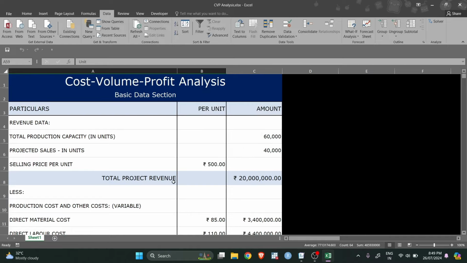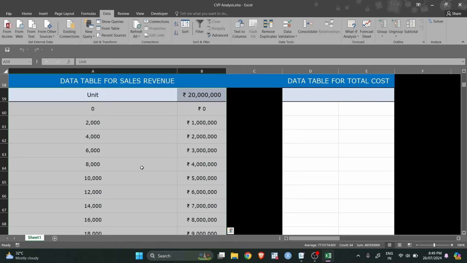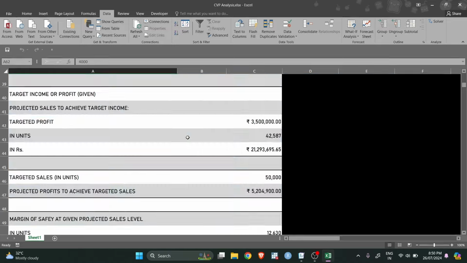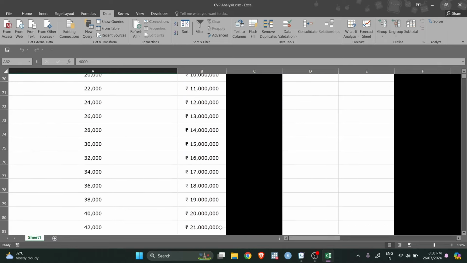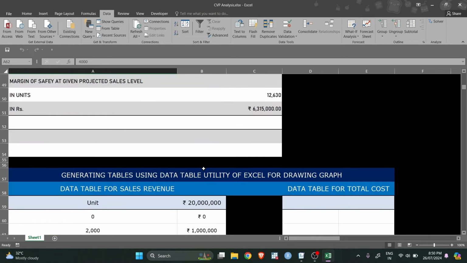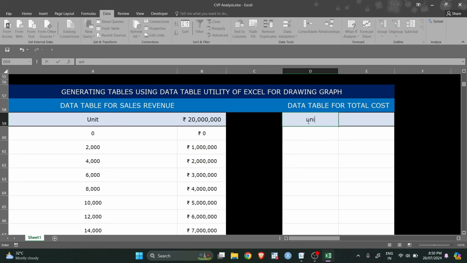So it will calculate total revenue for different quantities. You can see for 4000, this is the same, I guess. No, this was for 40,000. Yeah. So for 40,000, we have got this same unit.